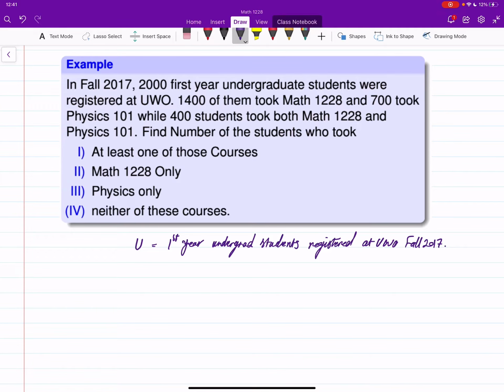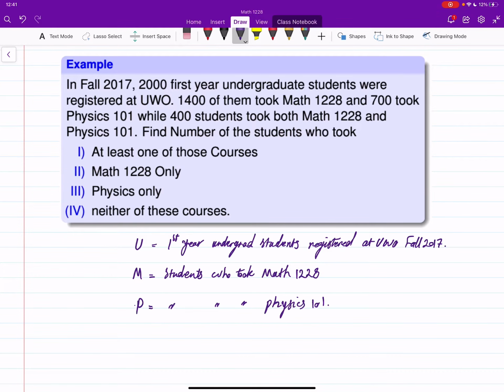And then we have two courses, Math 1228 and Physics 101. So for Math 1228, we will use the notation M, students who took Math 1228. And Physics, we will use P for that, the set of students who took Physics 101.